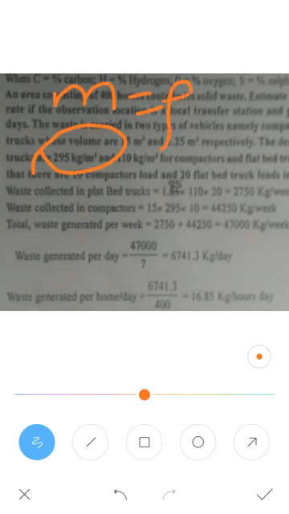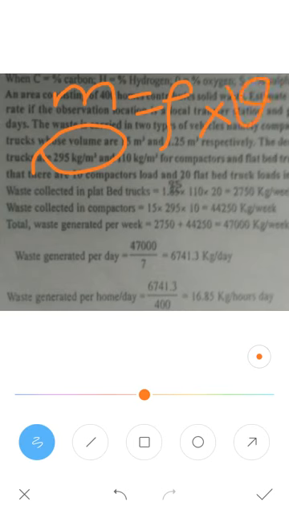Next, for the compaction truck, the waste collected from the compaction trucks. A compactor truck will carry around 15 cubic meters, so that is the volume. Mass is equal to density into volume.